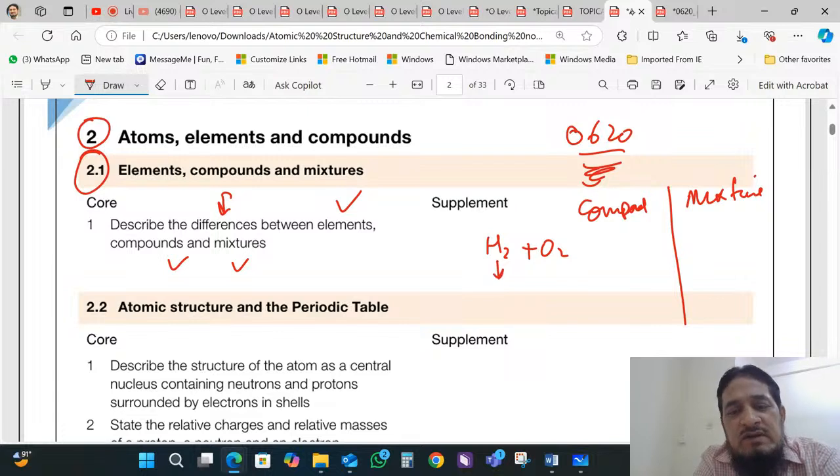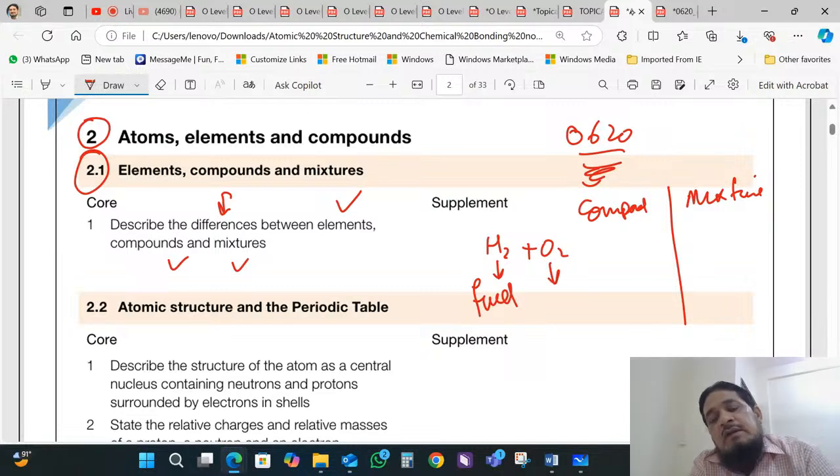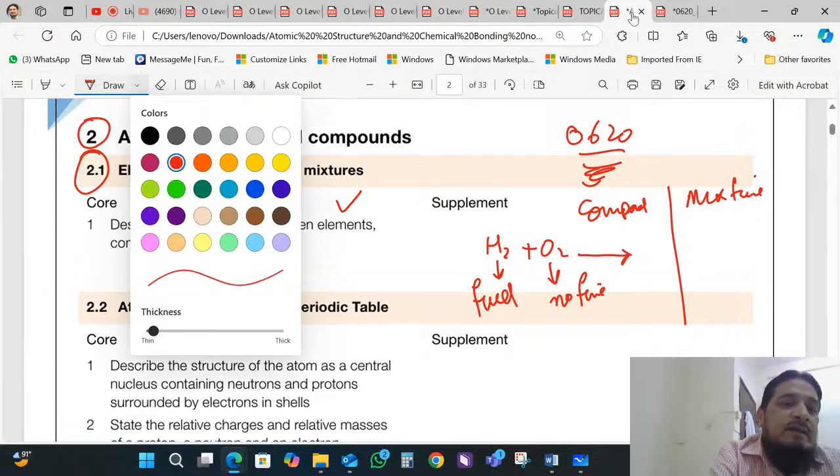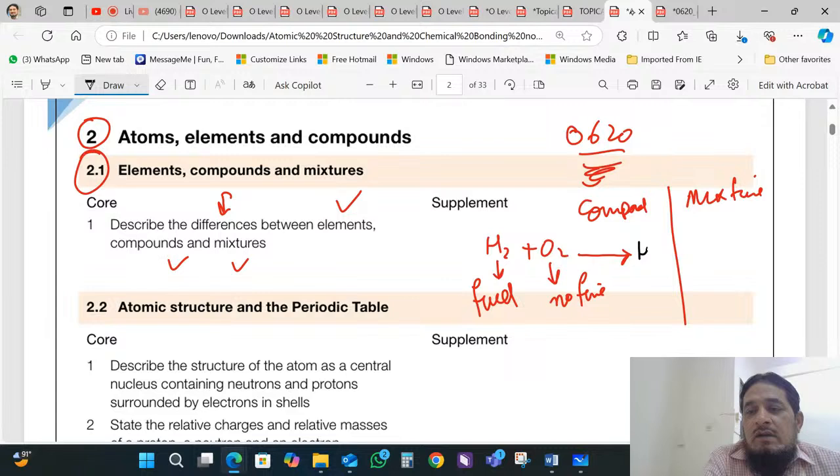Hydrogen is used as a fuel, and without oxygen there is no fire. But when they combine and make water, water is a fire extinguisher. It is used to put out fire.